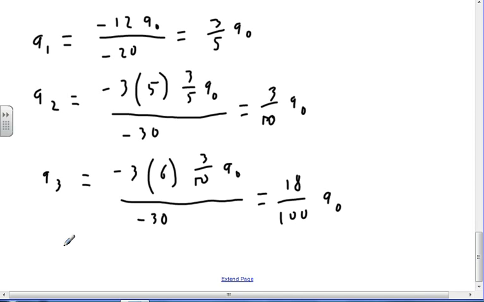All right, so I'm going to do one more. Oh, do I really want to do one more? I really don't want to do one more, right? A4.